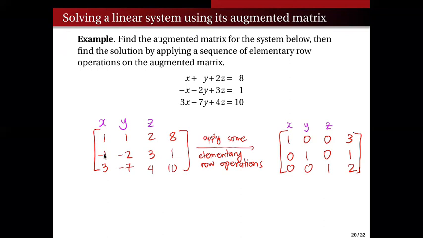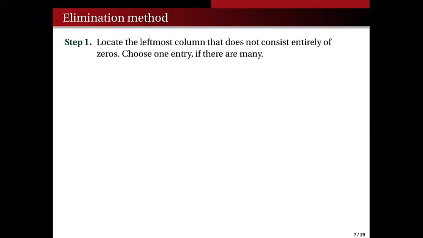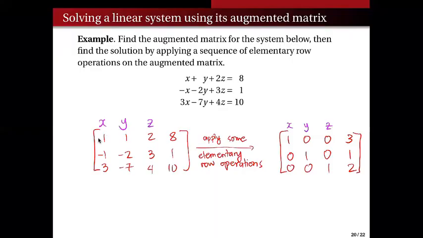Same is true with the second and the third row. So there are three choices, and we just choose one of them. We can choose the first row, this entry here.